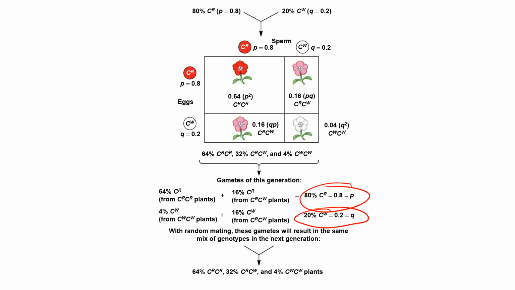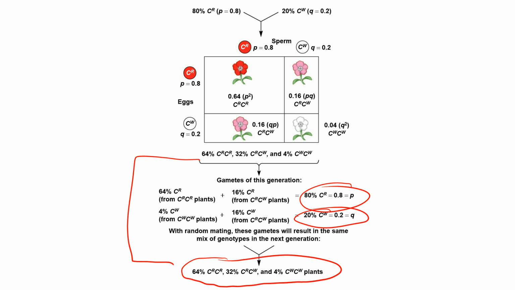Through random mating, your frequencies stay the same from one generation to the next. The allele frequencies and the population frequencies are staying the same, so you could say, because of this, that the population's not evolving.